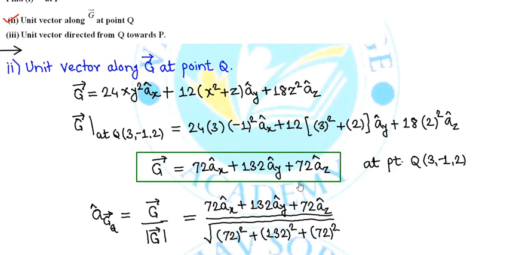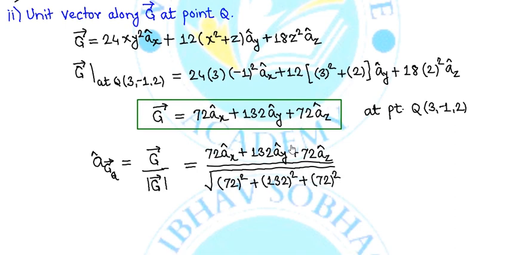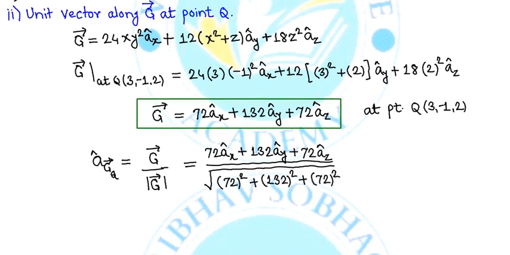Now simplify this equation. You can go step by step, or if you are enough of an expert you can do the calculations directly. Depending on your practice you can go with that. For making it easy, I am rewriting it for you: 72 ax cap plus 132 ay cap plus this 72 az cap divided by this square root value.